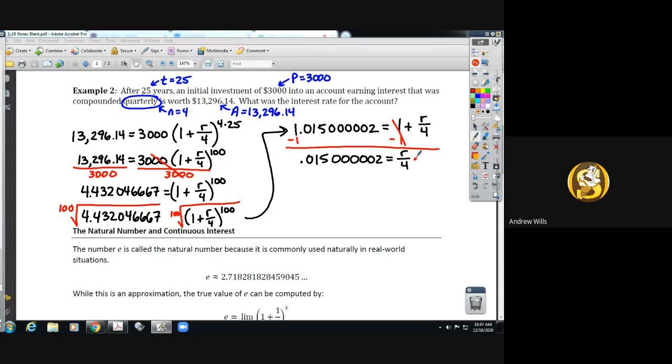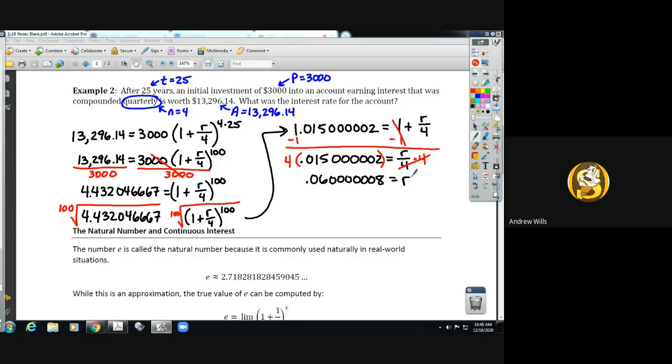Then we'll multiply by 4 to cancel out the denominator. So 4 times our decimal would be 0.06000008.